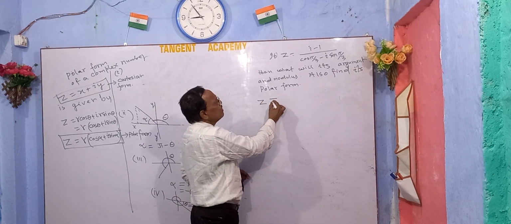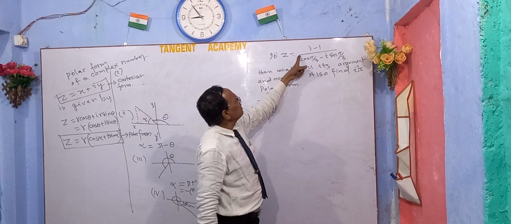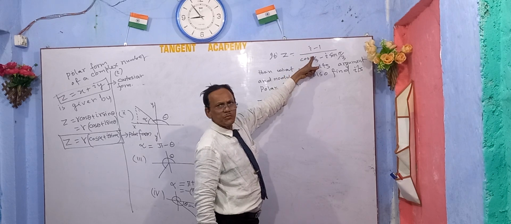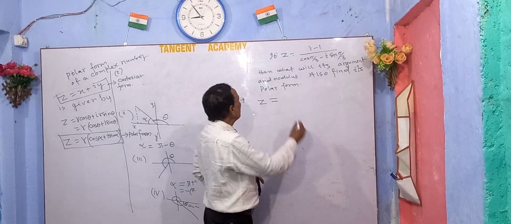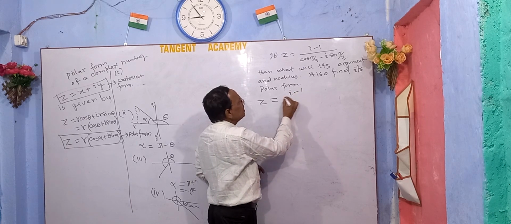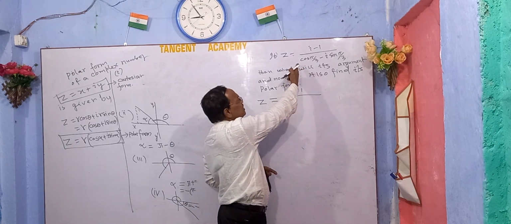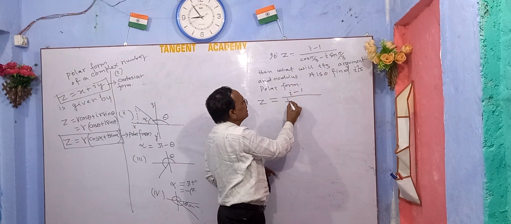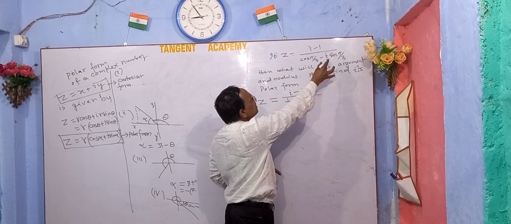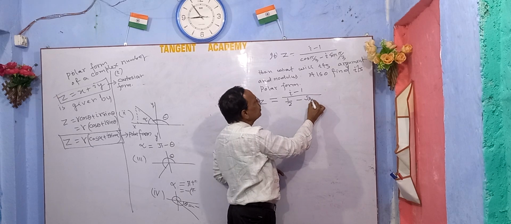We will first of all convert it into the standard form of a complex number. So i minus 1 divided by cos pi by 3, that is cos 60 degrees, which is half, minus sin 60 degrees, root 3 by 2 i.